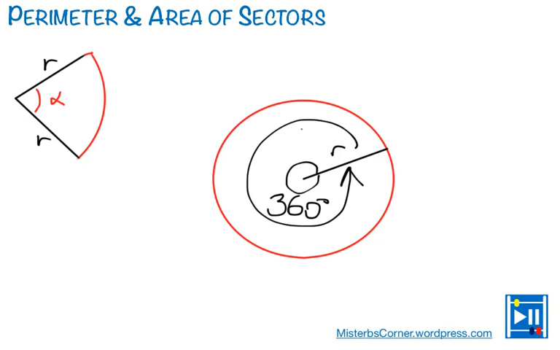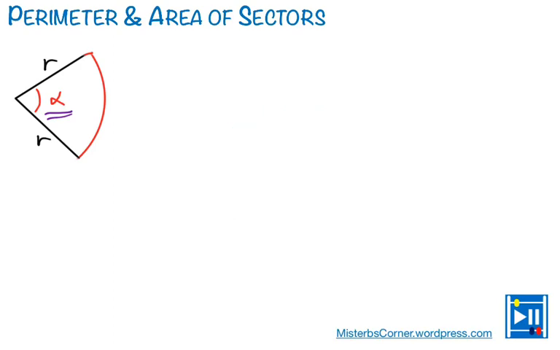So I'm going to compare this angle alpha with the full circular angle, which is 360 degrees. So basically, what I'm going to write down is alpha over 360 to describe the fraction of this circle.